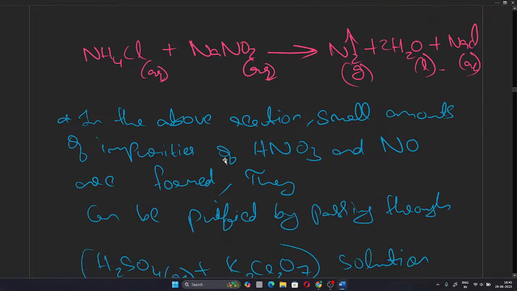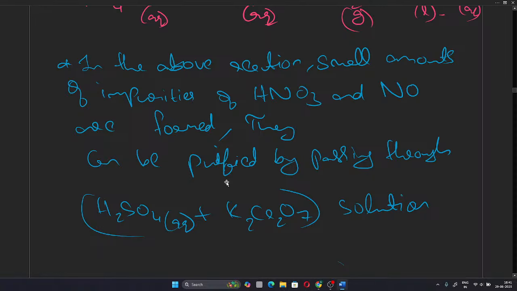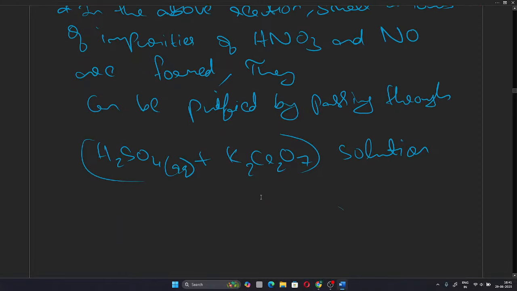In this reaction the impurities of nitric acid and nitrogen monoxide will be formed. To get rid of those impurities, we will purify it by passing it through a sulfuric acid and potassium dichromate solution.